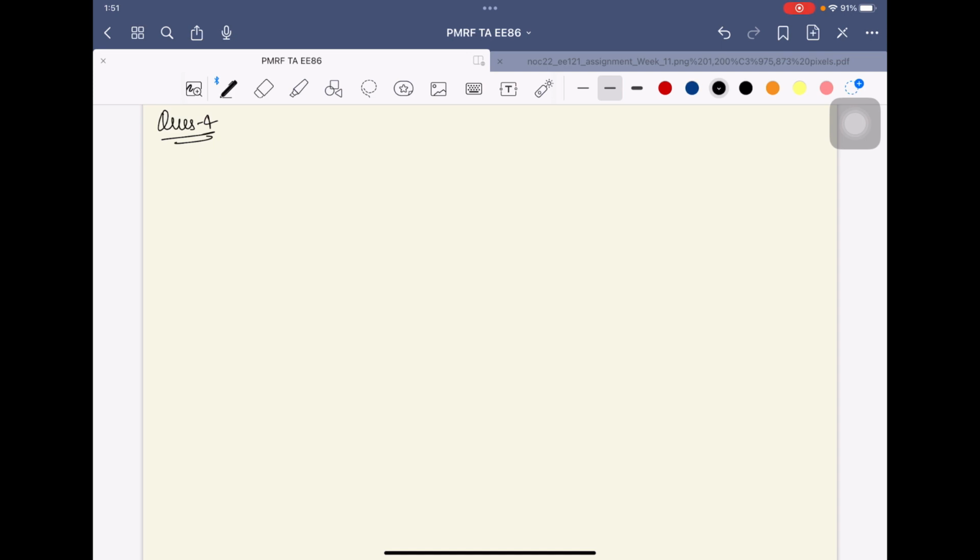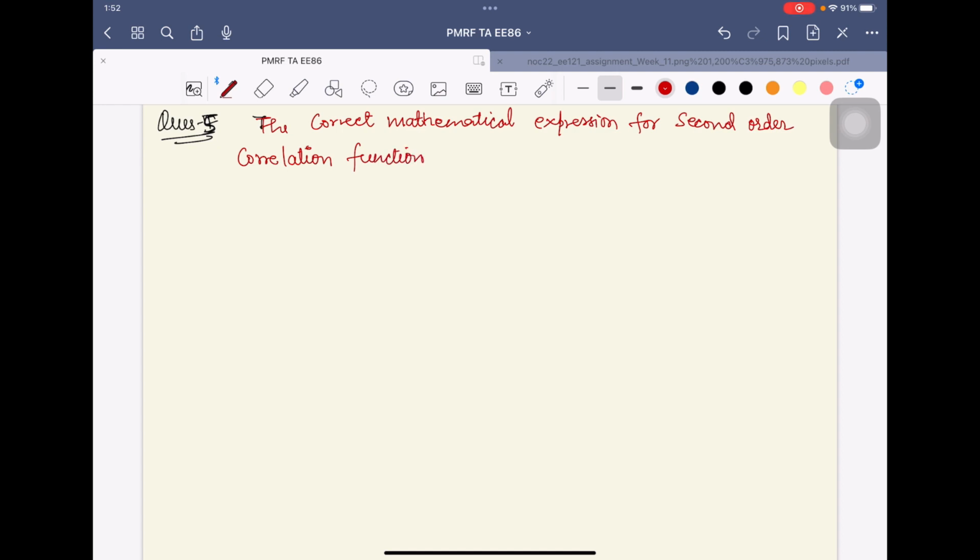Sorry, question number 5. Question number 5 is: the correct mathematical expression for second order correlation function G2 tau is.